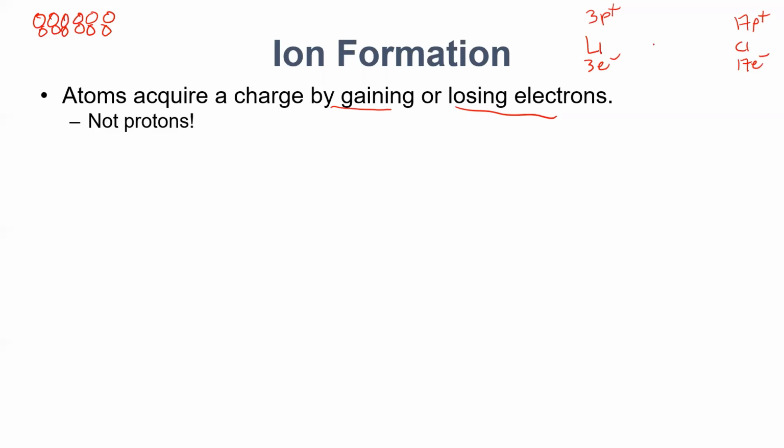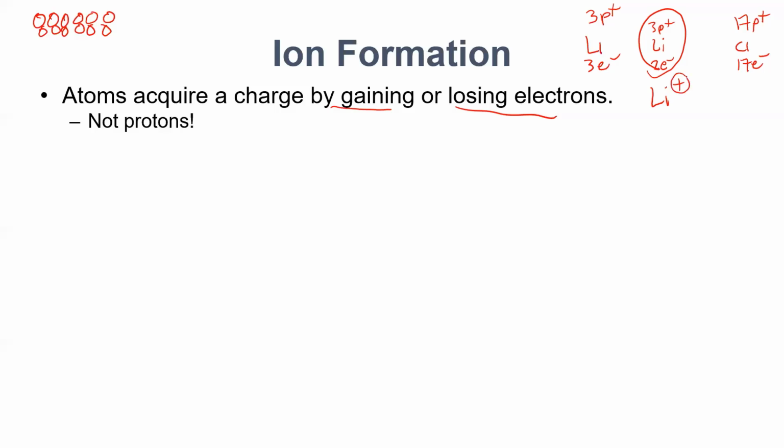Now, if I had lithium, but I only had 2 electrons, it's still 3 protons. Well, 3 minus the 2 electrons would give me an ion because there are more protons than electrons. So 3 positives, 2 negatives gives me a +1 charge.